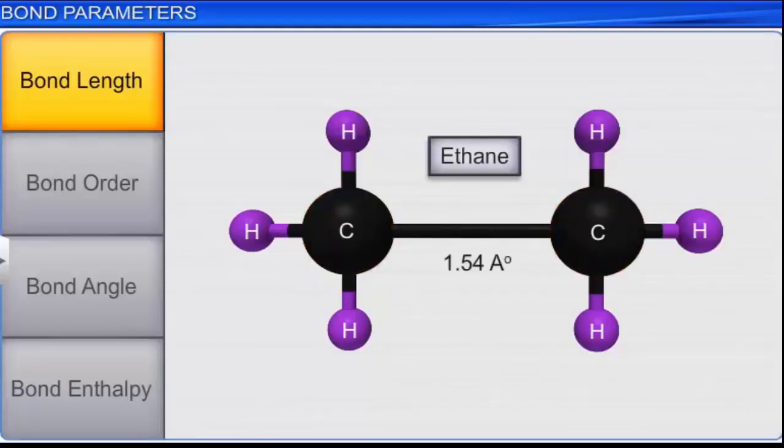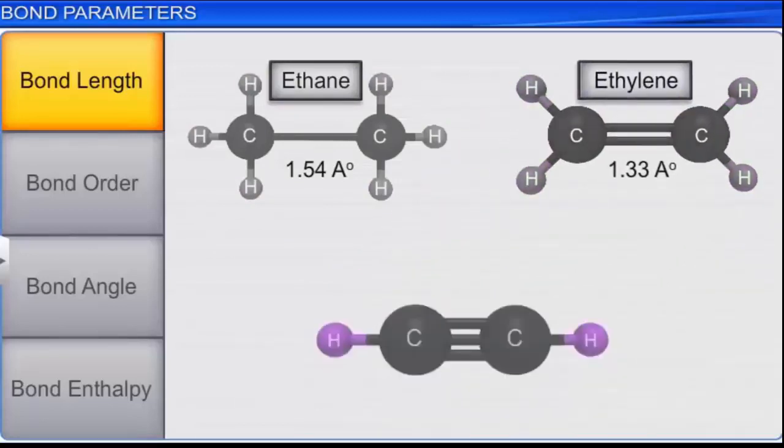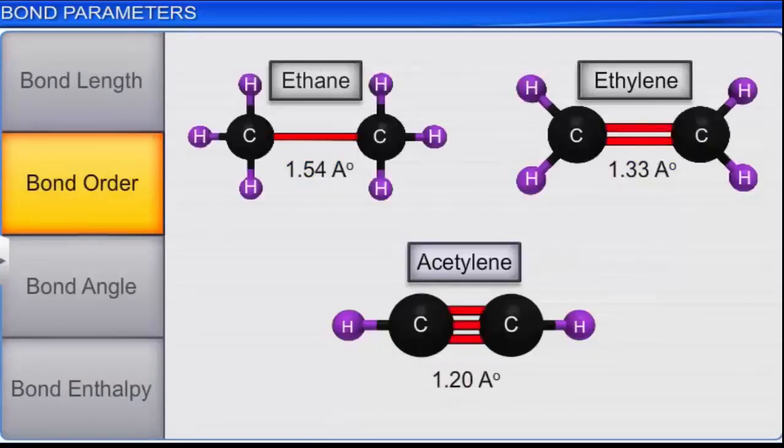The carbon-to-carbon bond length in ethylene is 1.33 angstrom units, while in acetylene it is 1.20 angstrom units. This difference in bond length leads us to our next parameter, bond order. The number of chemical bonds between a pair of atoms in a molecule is called the bond order of the molecule.